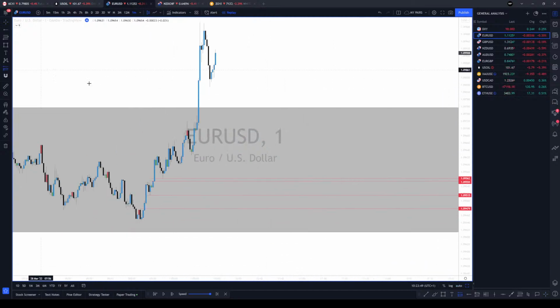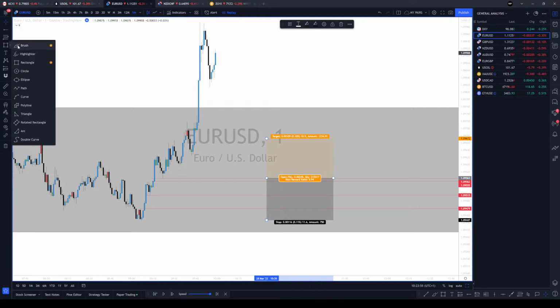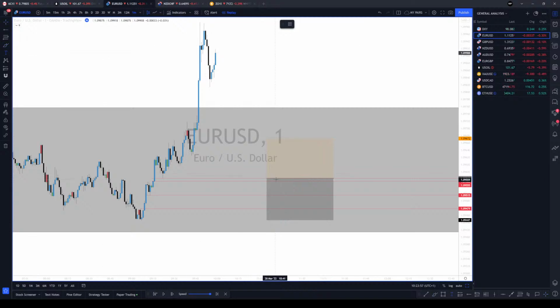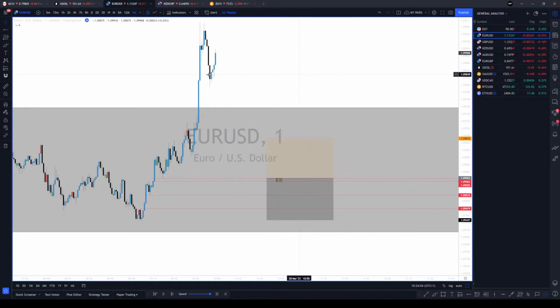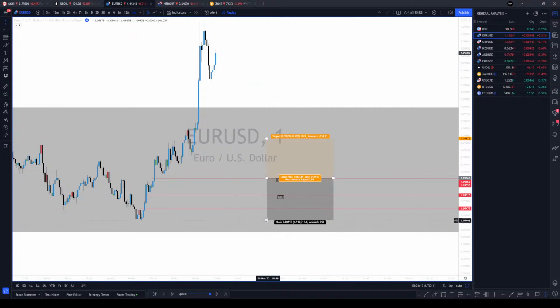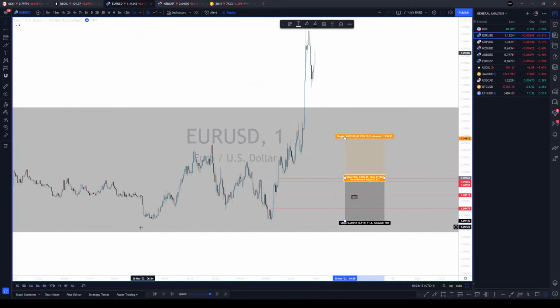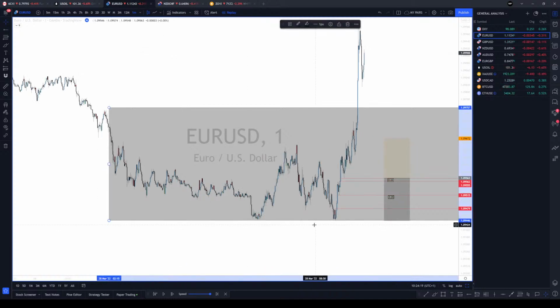So I'm going to buy here with a 0.25 risk, and I'm going to buy here with a 0.25 risk, and both of them will have a stop loss at the same low.